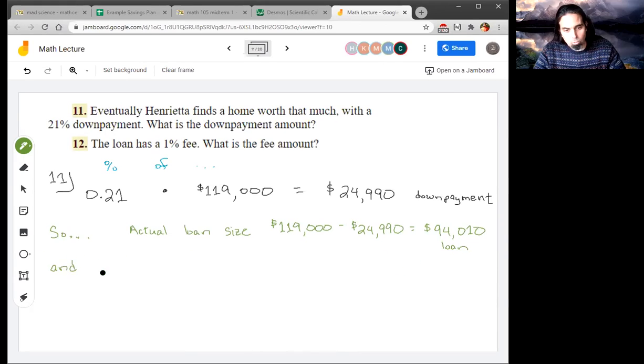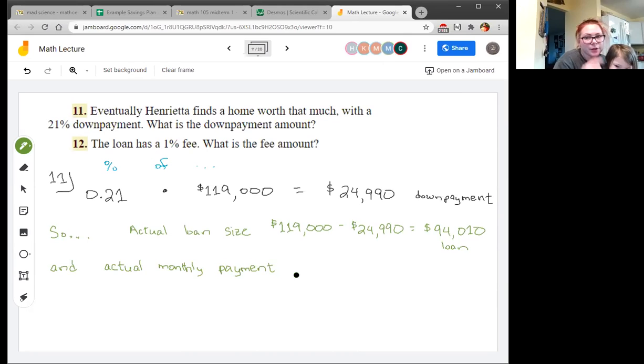Now, what's her actual monthly payment going to be? I believe that's where you take the $94,010, and then we're going to multiply it by the 7.91, I think was what this one.